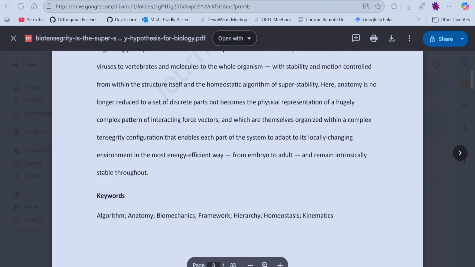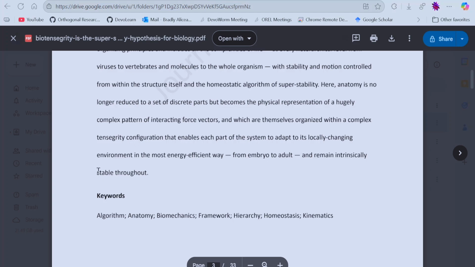Here, anatomy is no longer reduced to a set of discrete parts, but becomes the physical representation of a hugely complex pattern of interacting force vectors, which are themselves organized within a complex tensegrity configuration that enables each part of the system to adapt to its locally changing environment in the most energy efficient way.